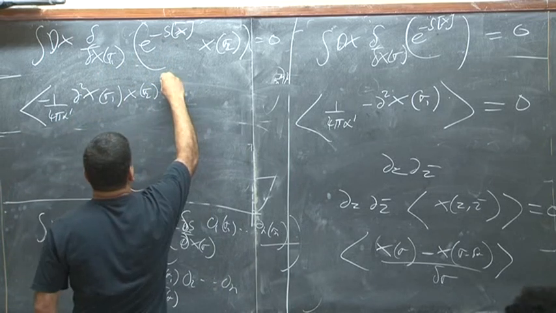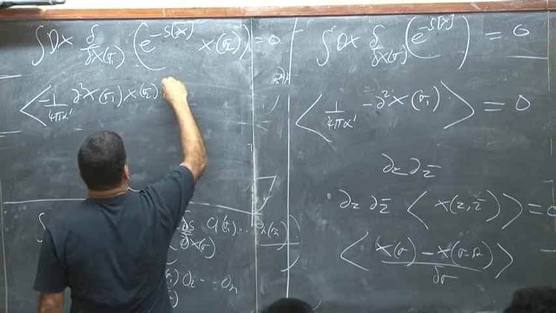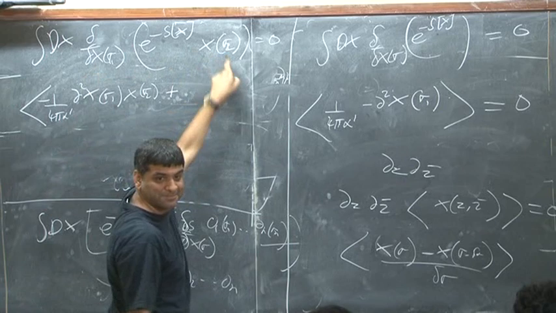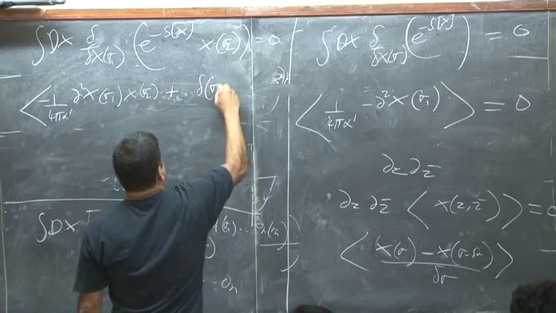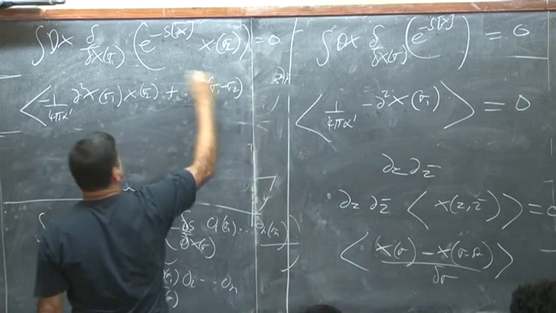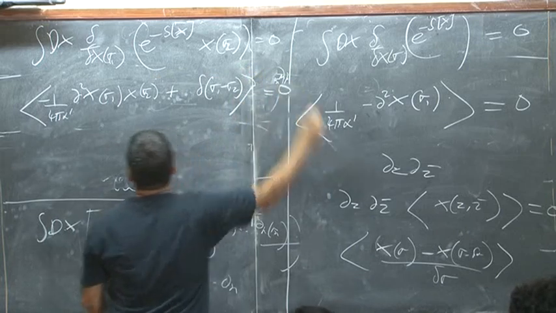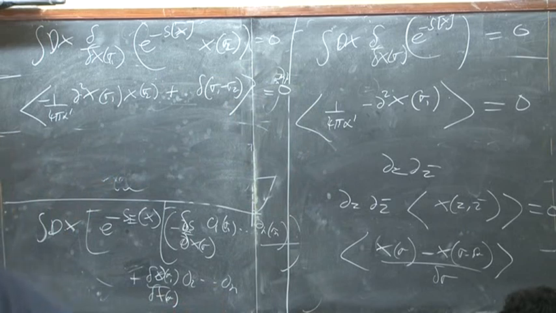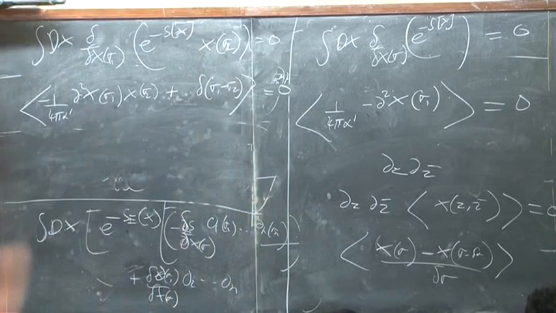Plus, what do we get when we hit this? Delta of sigma 1 minus sigma 2, is equal to 0. Is this clear?